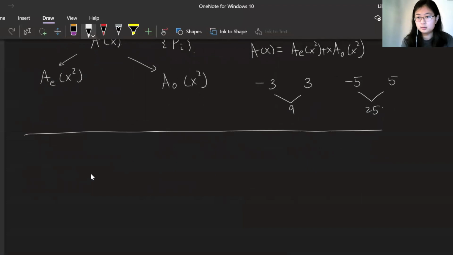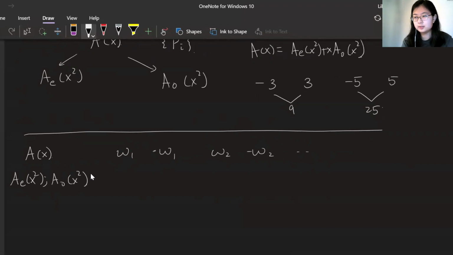So again, at the top level, we're interested in evaluating A of x, and the next level, we're interested in evaluating Ae of x squared and Ao of x squared. At the top level, we have omega 1 and negative omega 1, omega 2, negative omega 2, and it goes on and on, right?